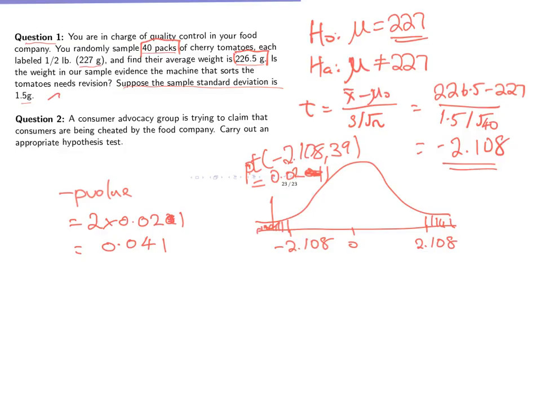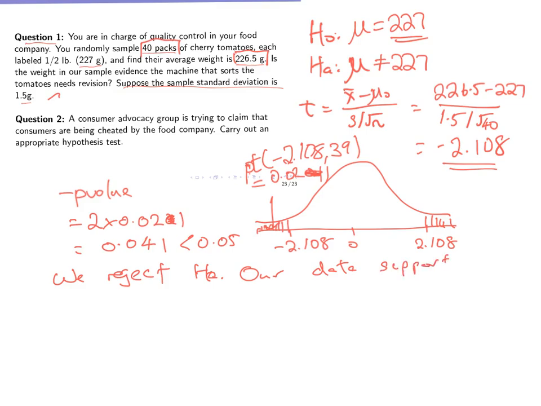So that's our p-value over here, which is less than your alpha of 0.05. So we will say we reject the null hypothesis. Our data supports the alternative.